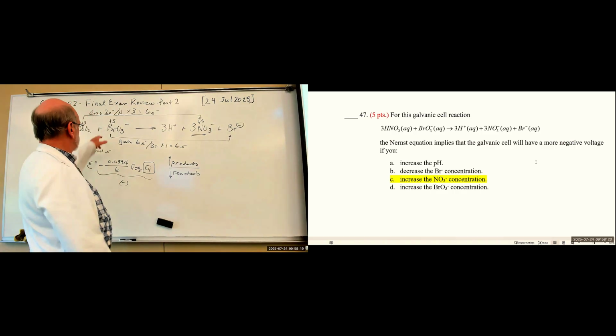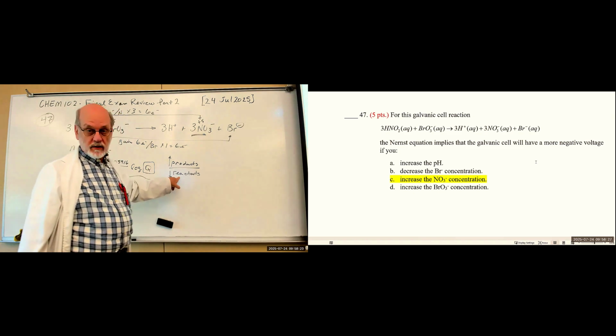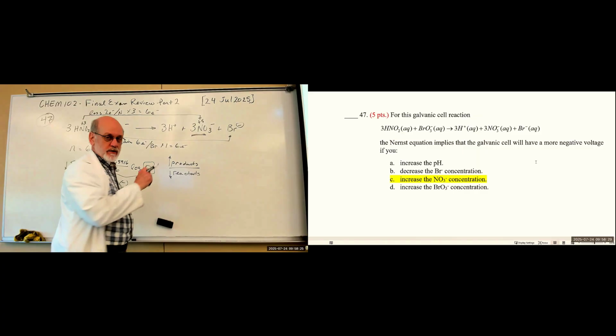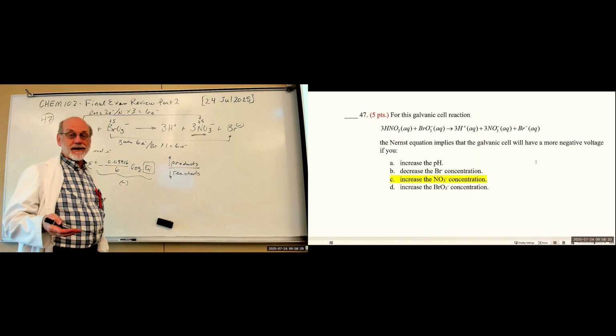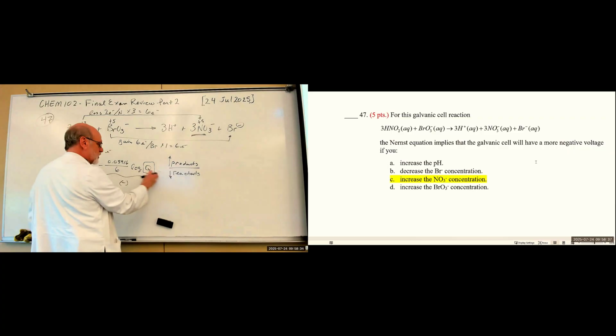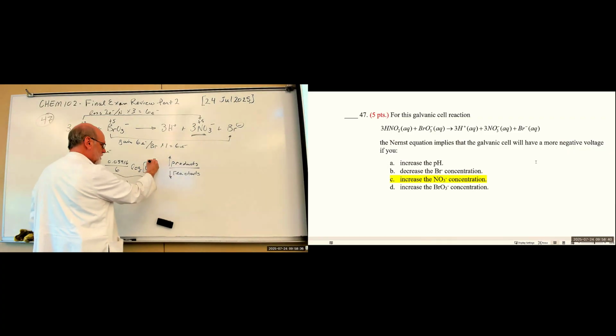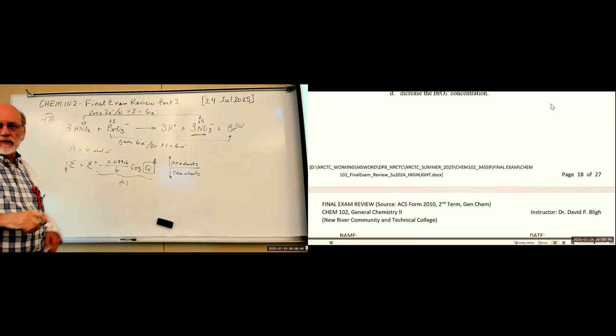Increase BrO3. No, that makes the reactants bigger instead of smaller. Okay, so the only one that works is make nitrate ion concentration higher. And that will translate into a larger Q, which will make it more negative, which will decrease the voltage in the cell.